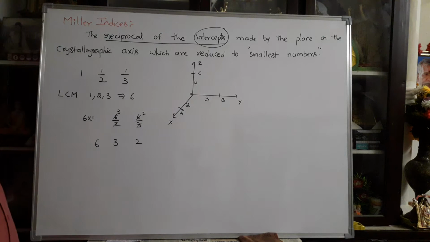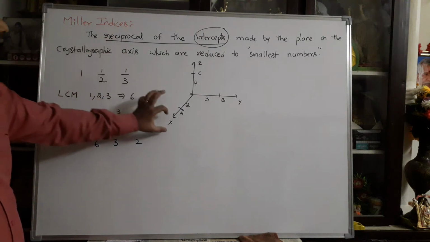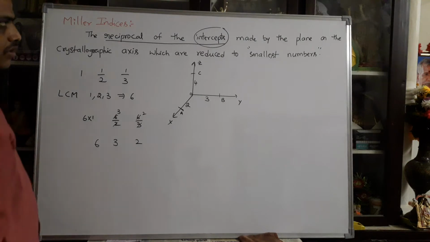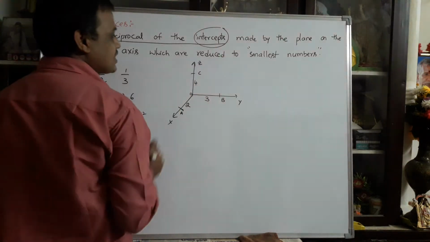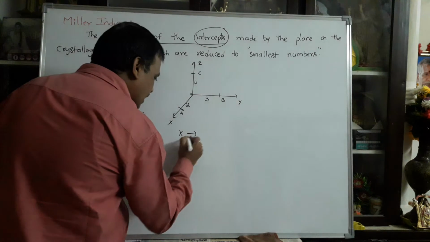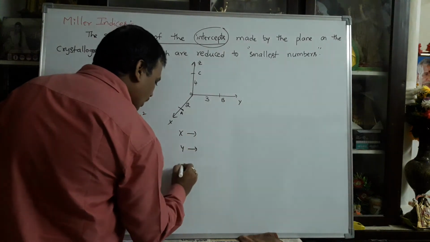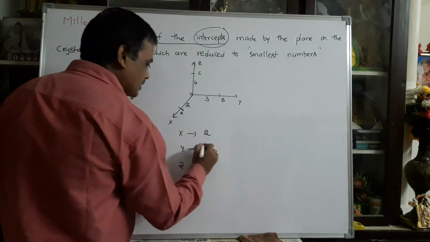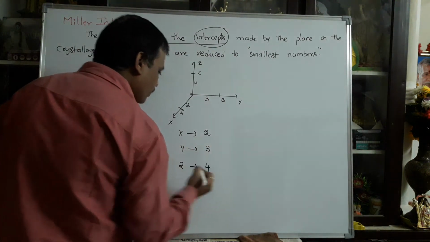These are the intercepts along the crystallographic axes x, y, z. According to the crystallographic axes, you first find the intercepts along the x, y and z directions, which in this example are 2 units, 3 units, 4 units.